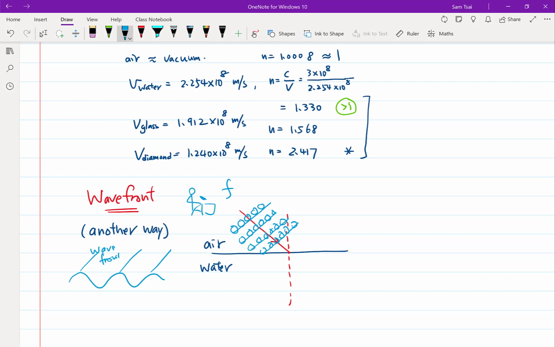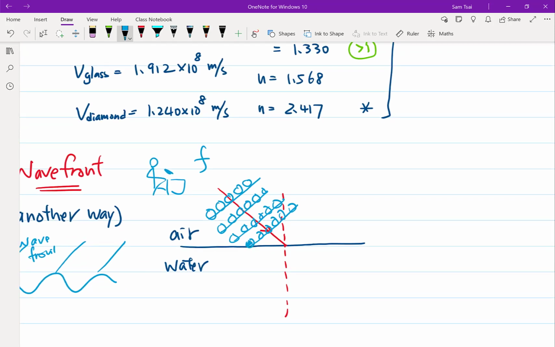In general, in air the army can travel faster, and in water they become slower. The first soldier here, when he touches the water, slows down. We say the wavelength, or the step, becomes smaller. So this is our lambda, and lambda becomes smaller here. This person, still in air, still takes a very big step.